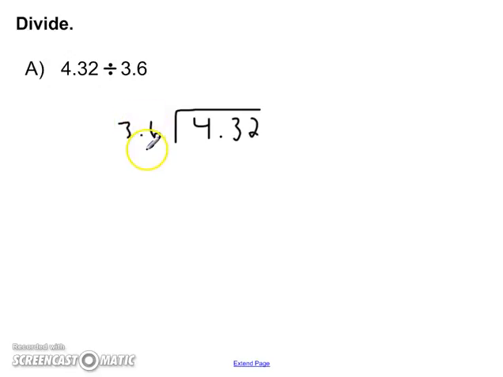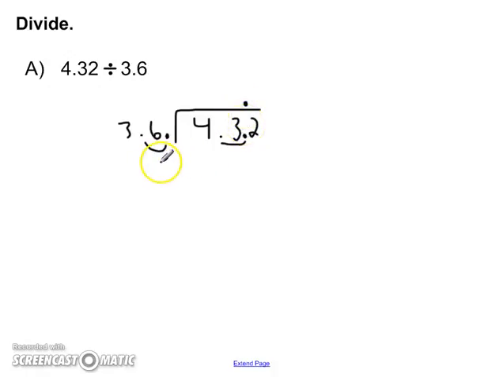So in this case, we're going to multiply this number by 10, which, the shortcut, is to move this decimal one place to the right. Now the decimal is at the end. If I multiply this by 10, I have to go over here and also multiply by 10, which will move the decimal one place to the right. And this is where step number 3 comes into play. That decimal, once we place it, will go straight up when we get into our answer.